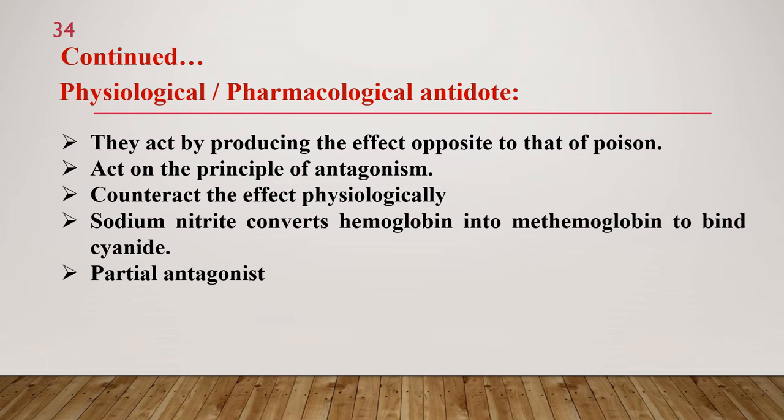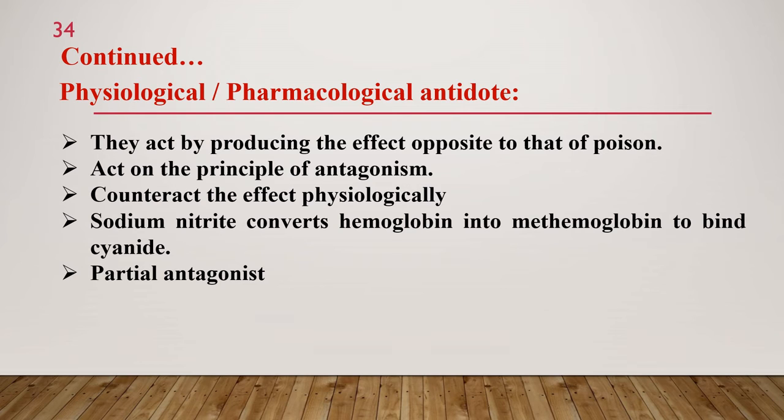Physiological or pharmacological antidote. Physiological or pharmacological antidotes act by producing the effect opposite to that of the poison. That is, these agents act on the principle of antagonism. They act by counteracting the effect of the poison physiologically by converting it into some other form.